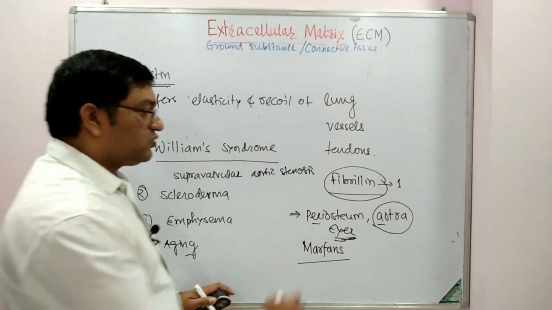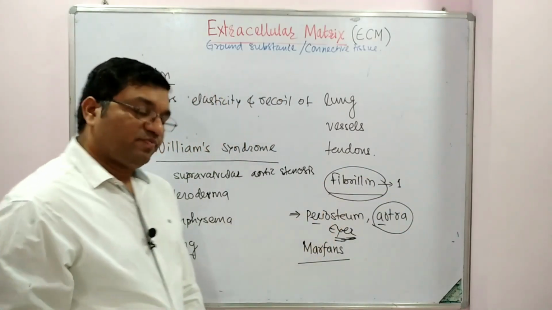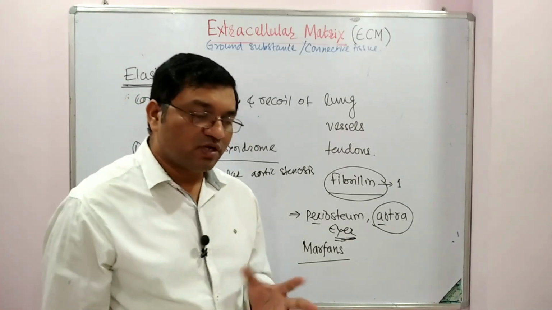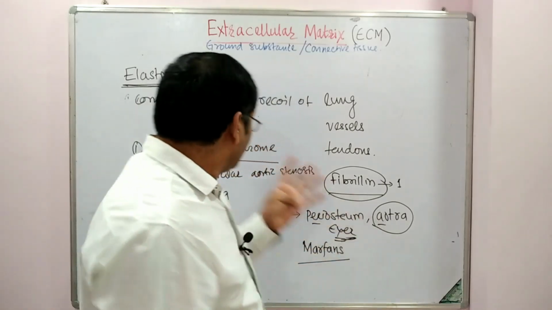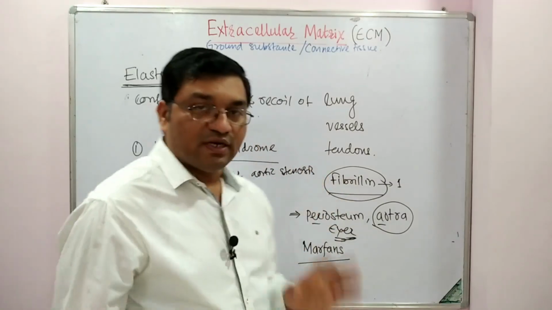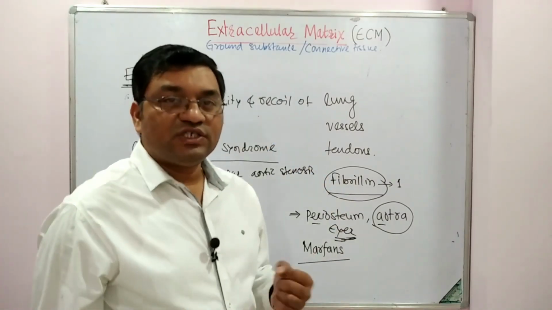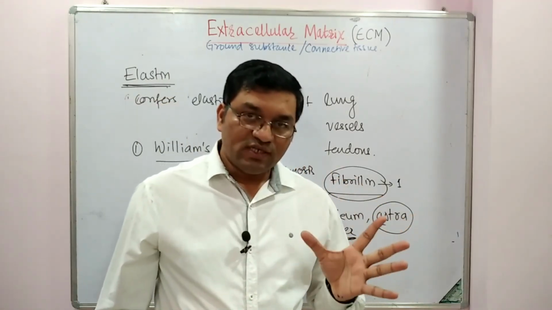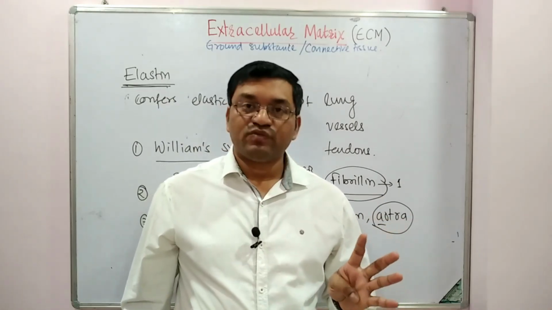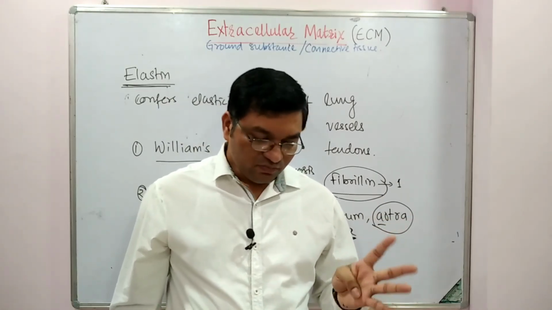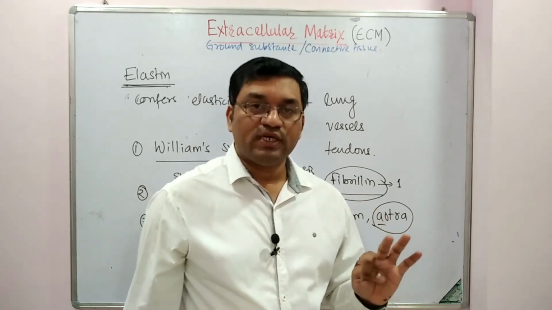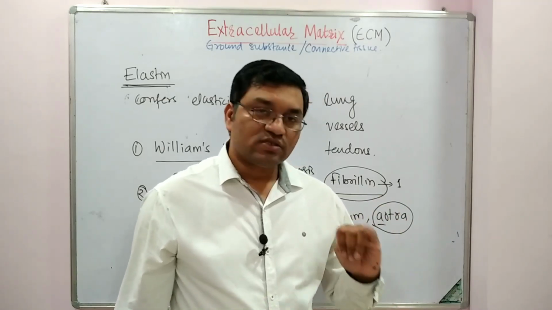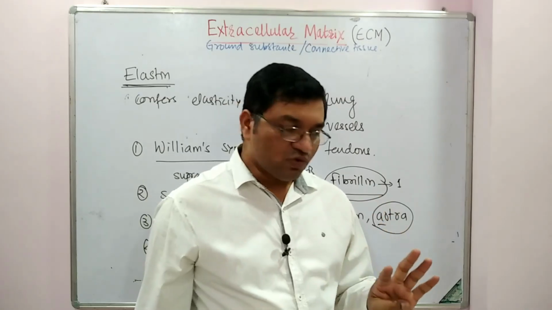So these are the three fibrous or structural components of the extracellular matrix: collagen, elastin and fibrillin. Now, what are the various disorders related with these? In collagen: osteogenesis imperfecta, Ehlers-Danlos syndrome, Alport syndrome, Menkes disease, scurvy, epidermolysis bullosa.